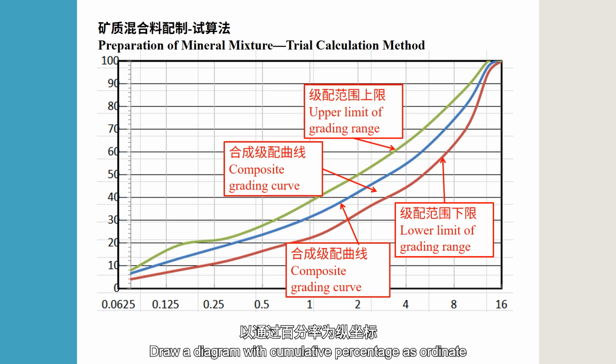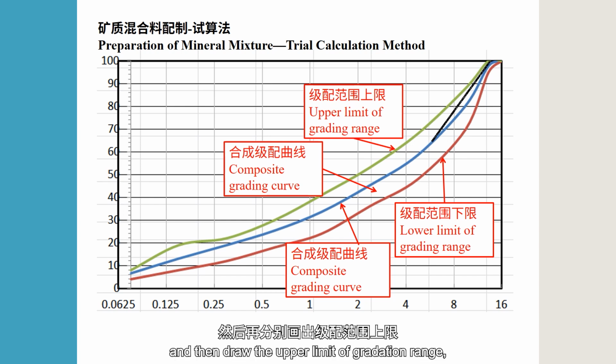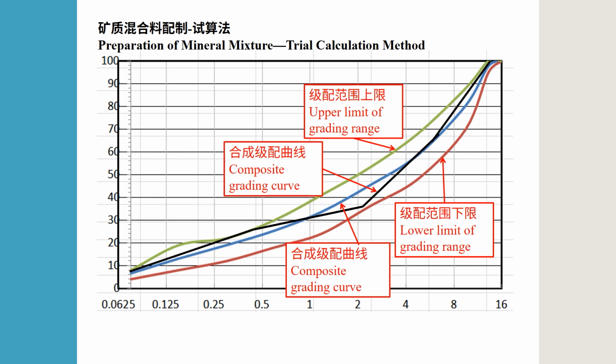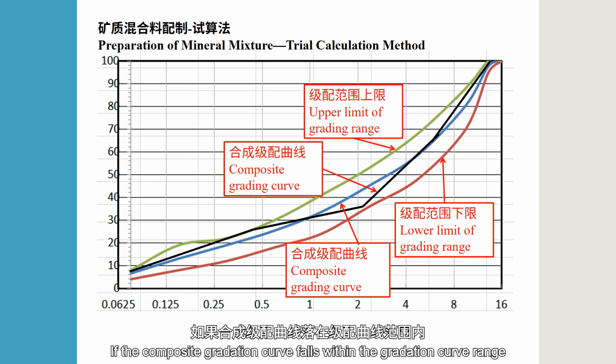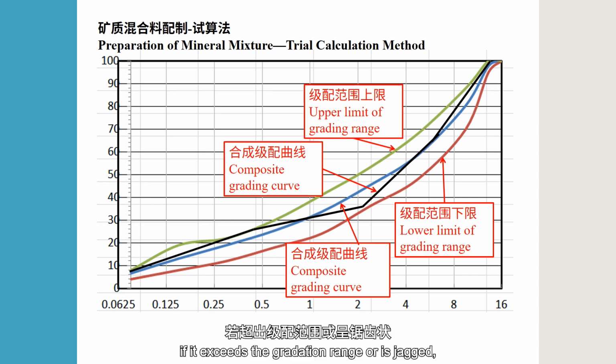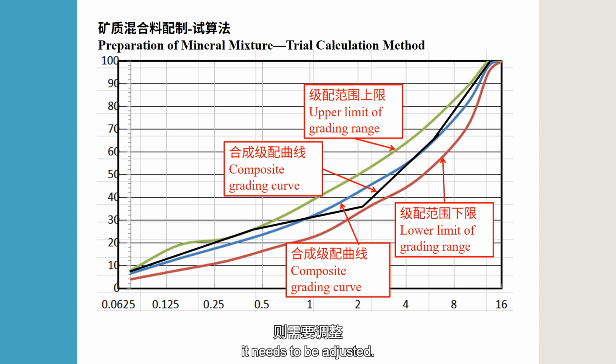Draw a diagram with cumulative percentage as ordinate and mesh size as abscissa, and then draw the upper limit of gradation range, lower limit of gradation range, and composite gradation curve respectively. If the composite gradation curve falls within the gradation curve range and is centered and smooth, it meets the requirements. If it exceeds the gradation range or is jagged, it needs to be adjusted.